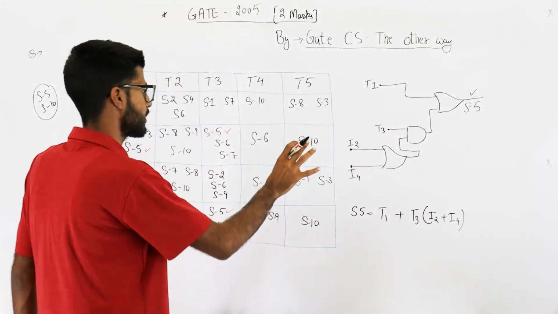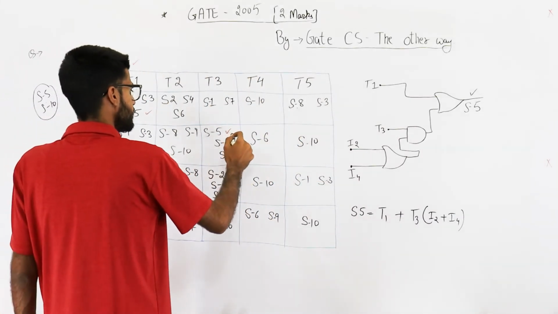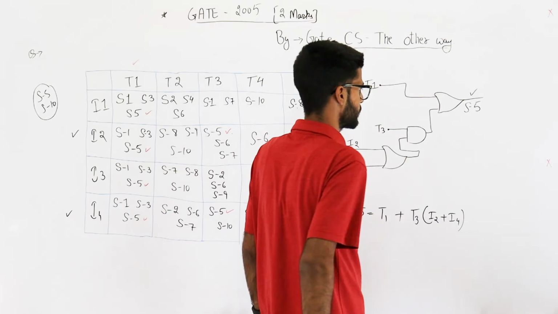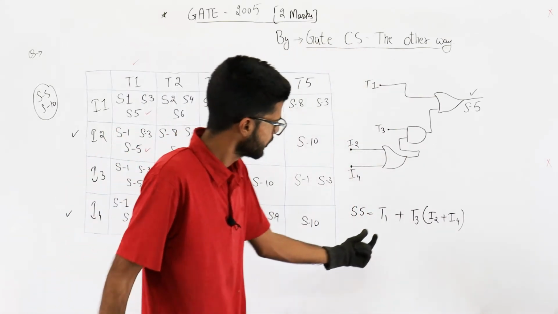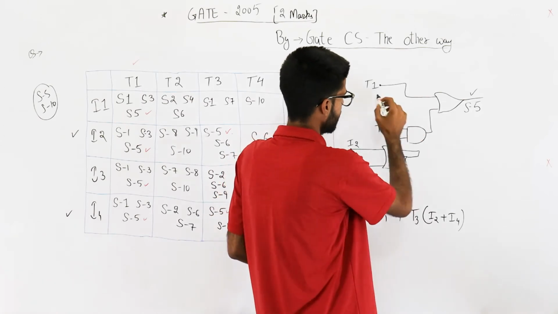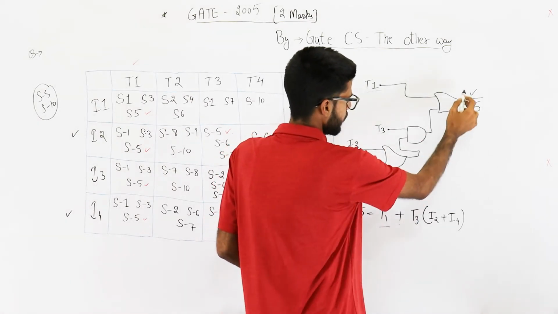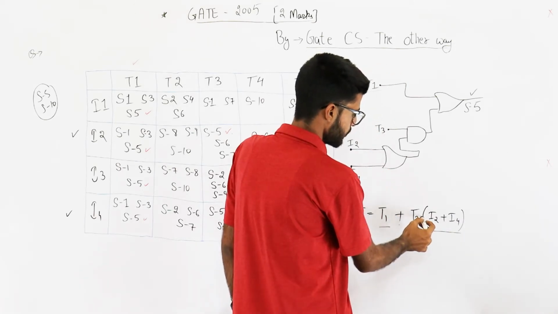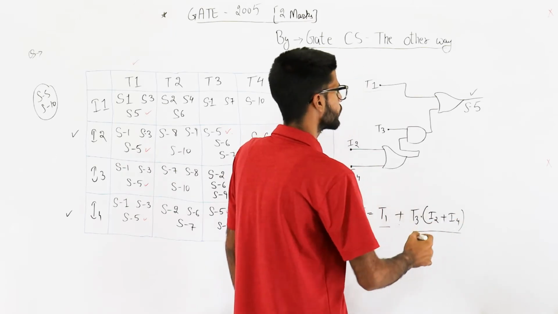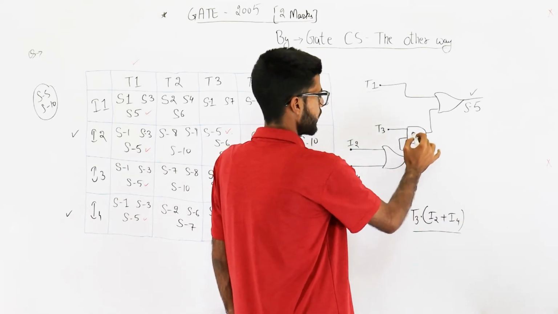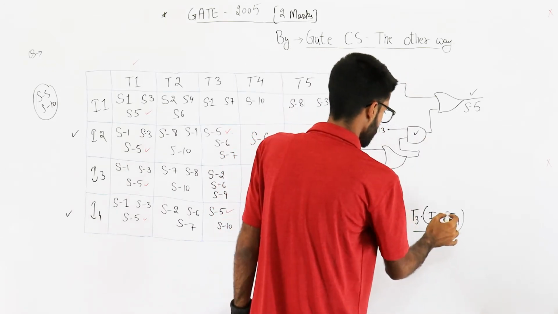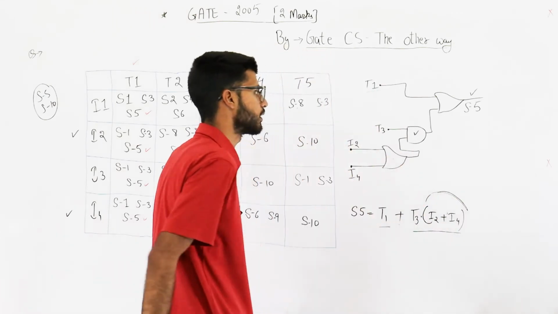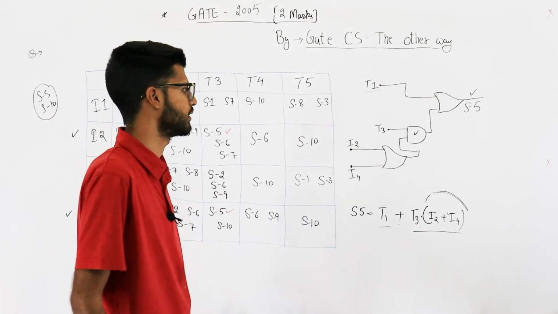This circuit is so designed that at these places, these red ticks will automatically generate output 1. You can see this plus is represented by OR. So we have T1, an OR gate, and this circuit. Now let's analyze this circuit. There is an AND between T3 and this thing, so T3 and this circuit have an AND gate placed. Then we have an OR gate between these two. This much part is represented by this OR gate. Anyways, you can analyze it. It's a very easy circuit.